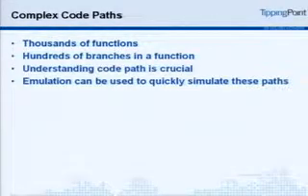So I have three different examples or uses that I feel are pretty obvious, and I'll go into why and how emulation may be able to solve something like this. First, complex code paths. Complex code paths are abundant in any sort of large program. I have an example next of Microsoft Excel, a fairly large binary with thousands of functions and hundreds of branches in a function.